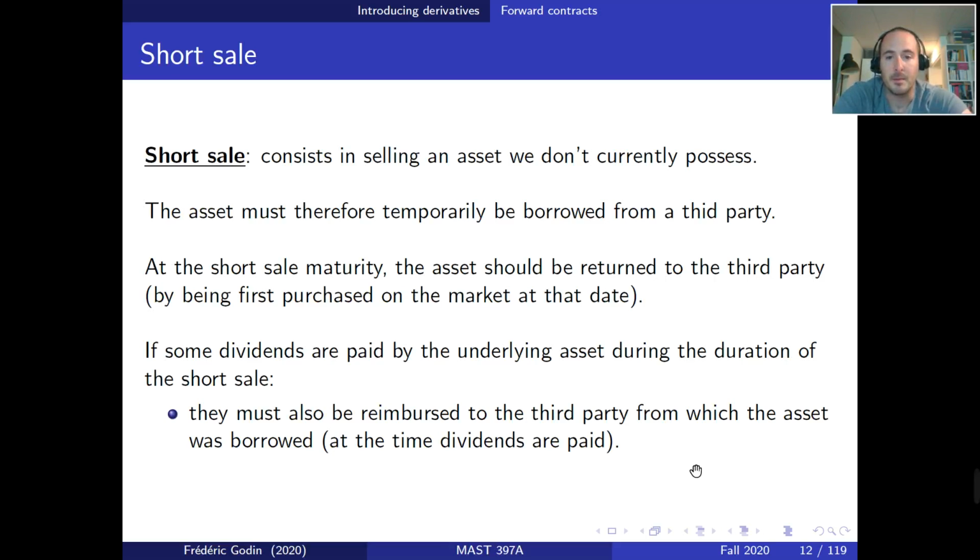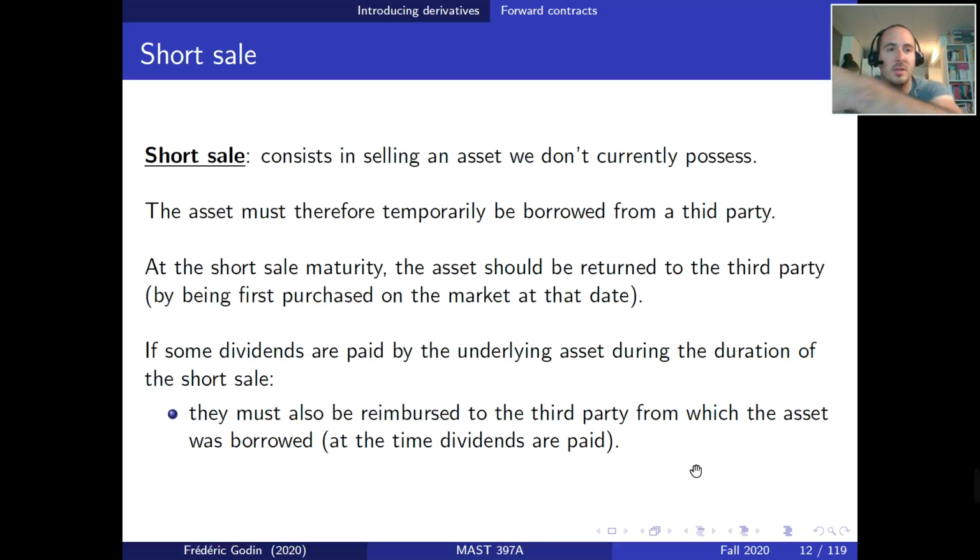Furthermore, if there are dividends paid by the underlying asset during the duration of the short sale, they must also be reimbursed to the third party from which the asset was borrowed. Okay, so let's say, for example, you want to sell short the stock of Microsoft.